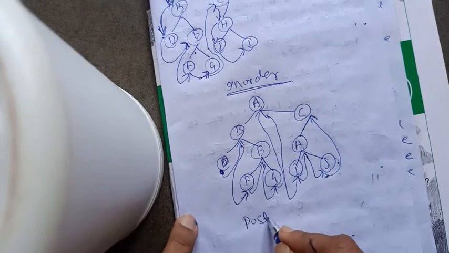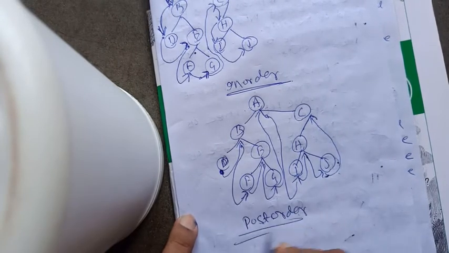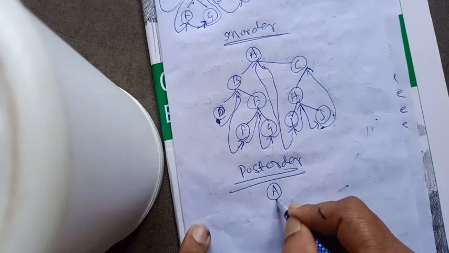And how will post order be conducted? Let me draw the same tree again.